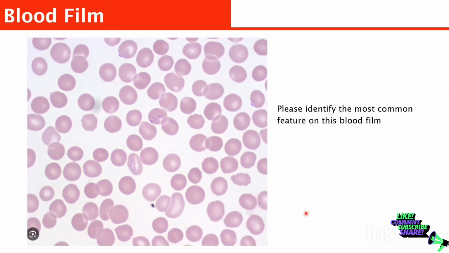Okay, so that is important. But I think that is not what I need to focus on now. So the question is identify. So what we can see obviously under the red blood cells is that there is presence of malaria parasite, possibly Plasmodium falciparum.